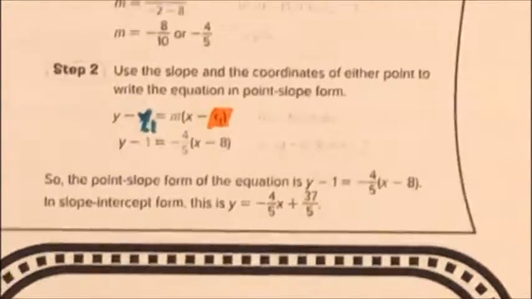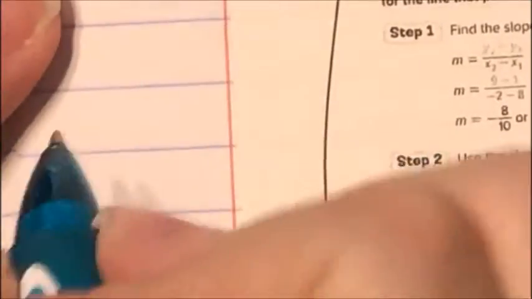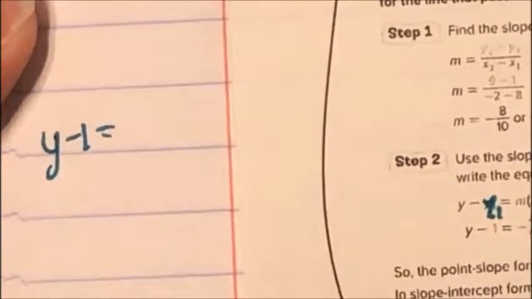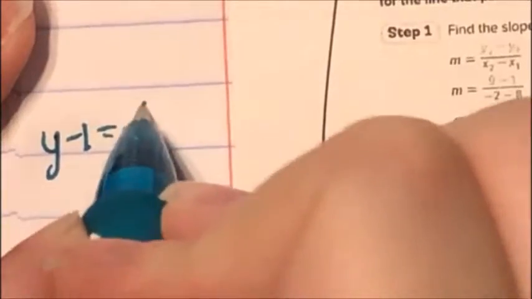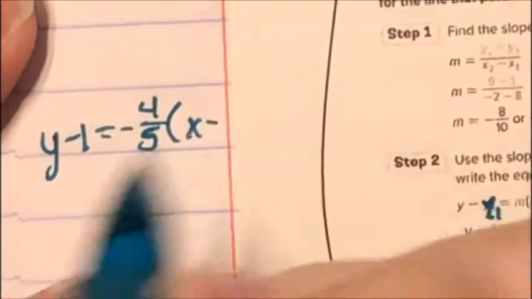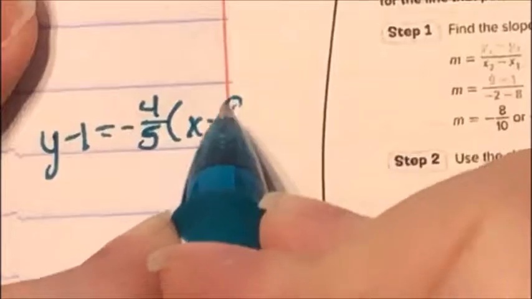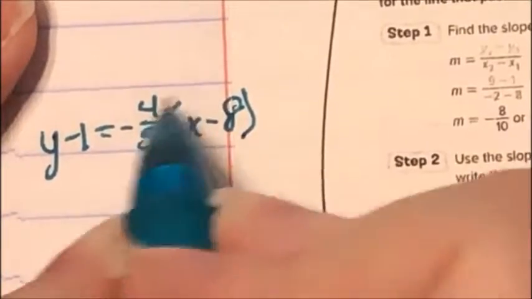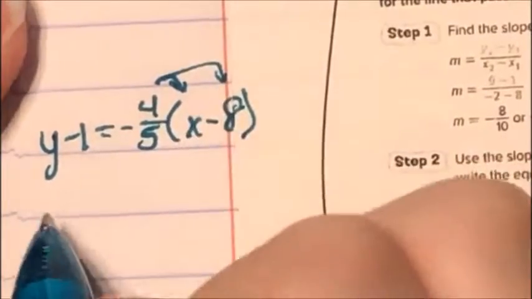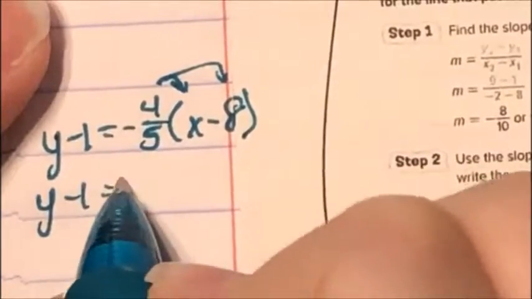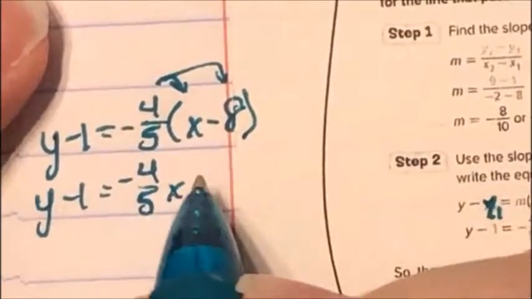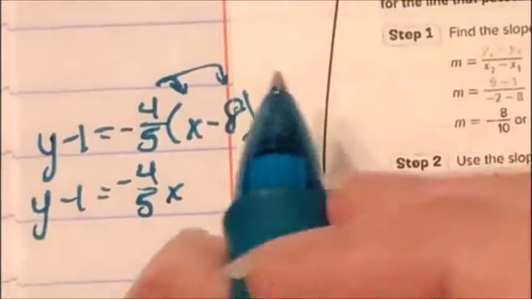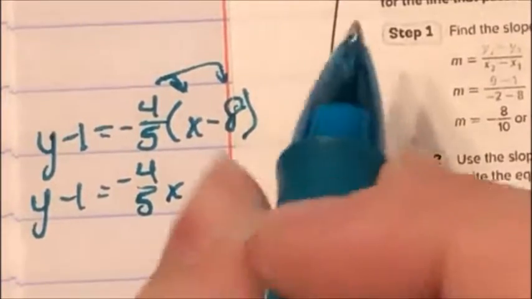So let's actually go ahead and do that, just so we make sure we know what we're doing. I'm going to come over here. So my formula is y minus 1 equals -4/5 times x minus 8. Okay, so I'm going to distribute this 4/5. So I get y minus 1 equals -4/5 x. And then 4/5 times 8, 8 times 4 is 32.